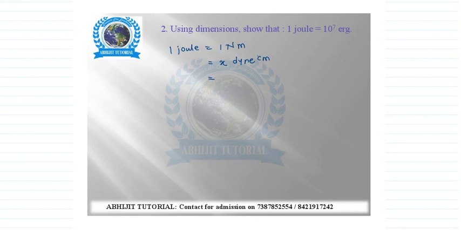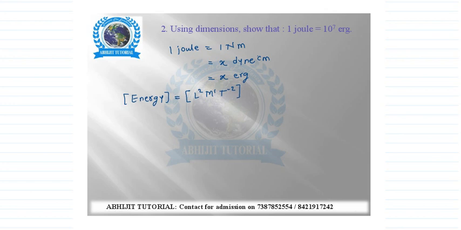So we will write it as x erg. This x we have to find out. Let's consider the dimensions of energy, or work, as L2 M1 T minus 2. We just added one length factor to the force formula, since the work done, or energy, is given by force into displacement.